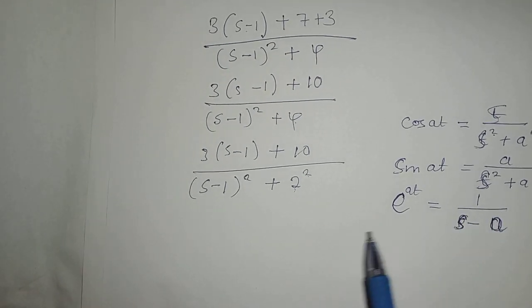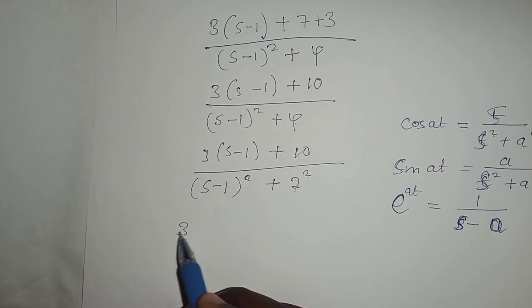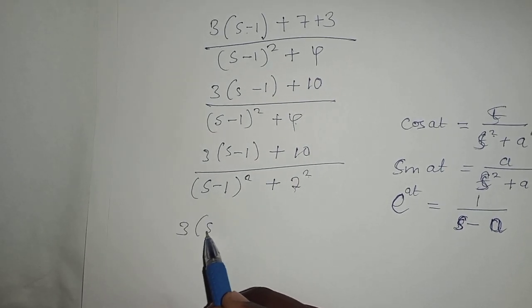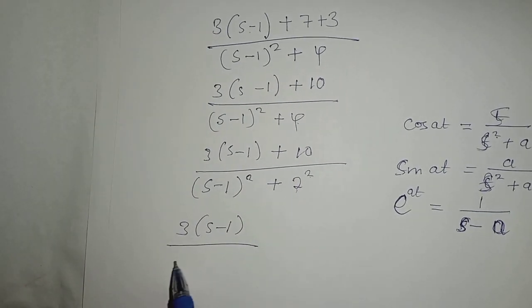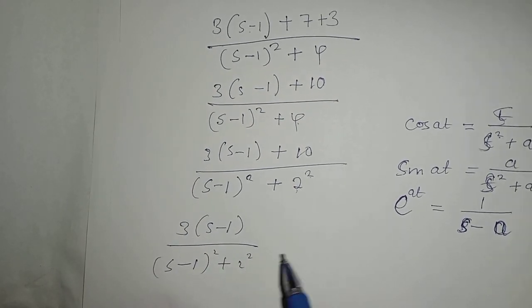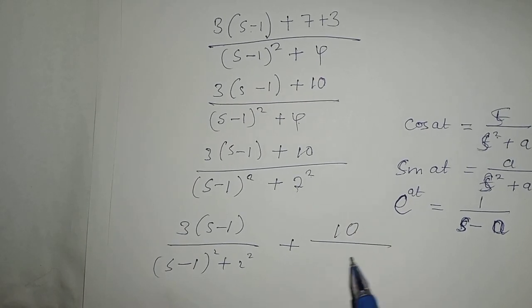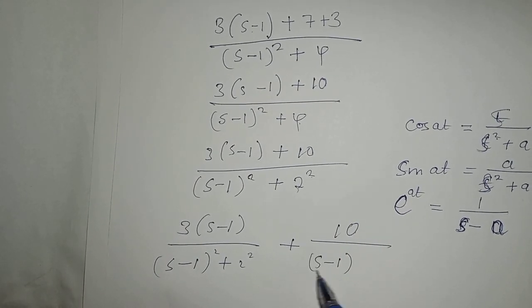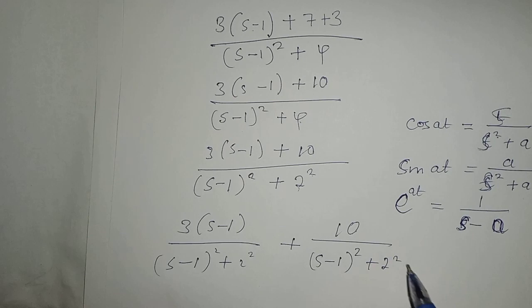So once you get these properties, now you can say 3(s minus 1) as your denominator, you put it the way it looks, and you say plus 10 over (s minus 1) power 2 plus 2 squared.